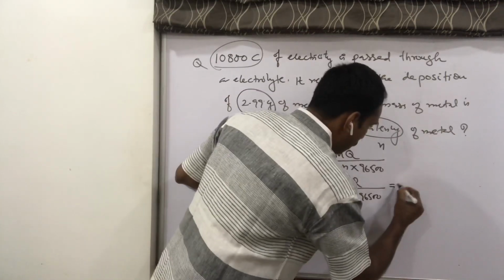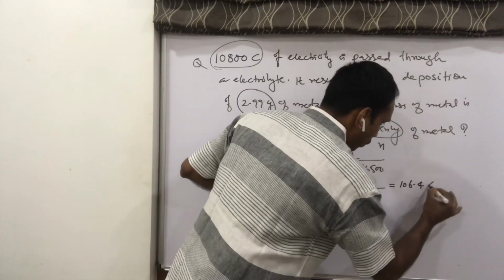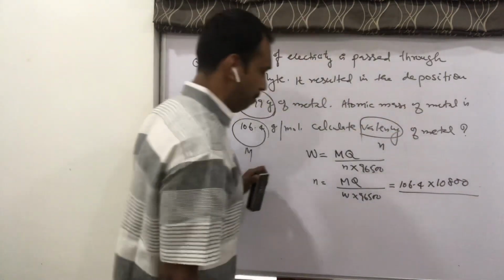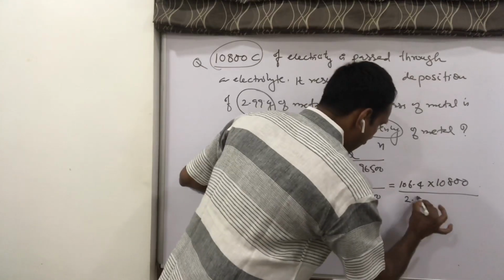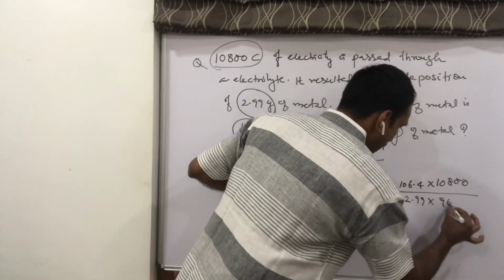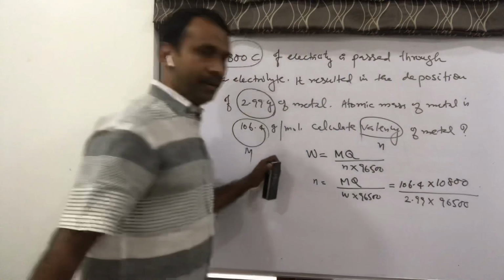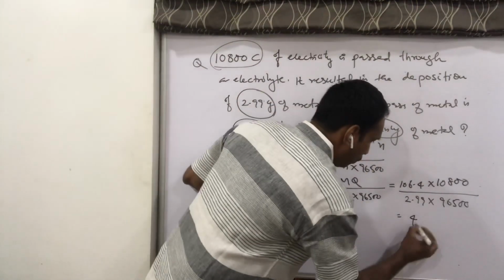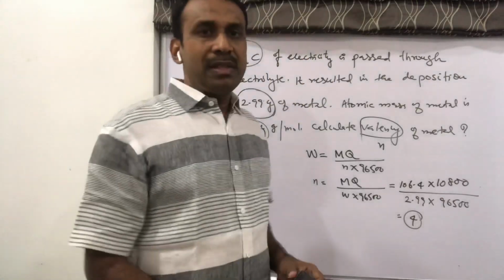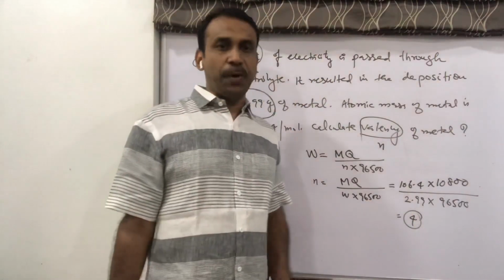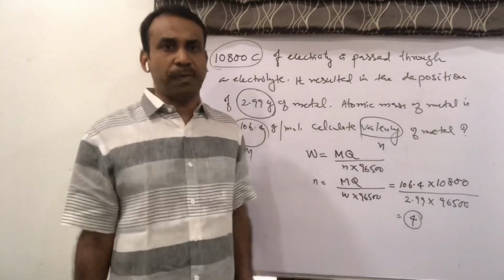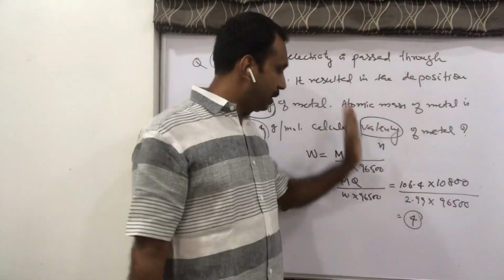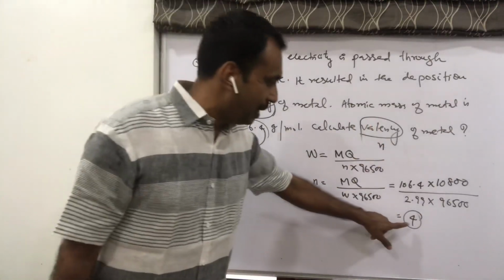Just substitute the values: 106.4 into 10,800 divided by 2.99 into 96,500. Students, on solving this problem, we get the value 4. It's an approximation, the correct value is 3.9, but we know valency should be expressed as a whole number. So the final answer is 4. The valency of this deposited metal is 4.